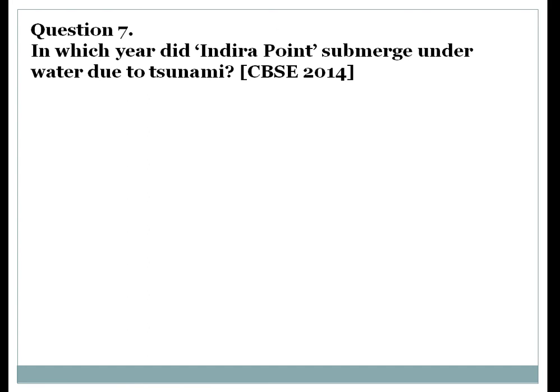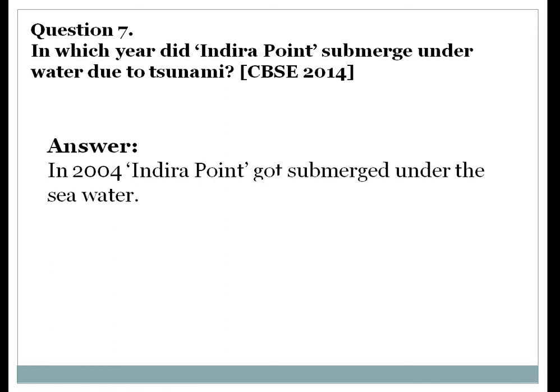In which year did Indira Point submerge under water due to the tsunami? Let's check out the answer. The tsunami was in the year 2004. In 2004, Indira Point, that is the southernmost point, got submerged under the sea water, right?